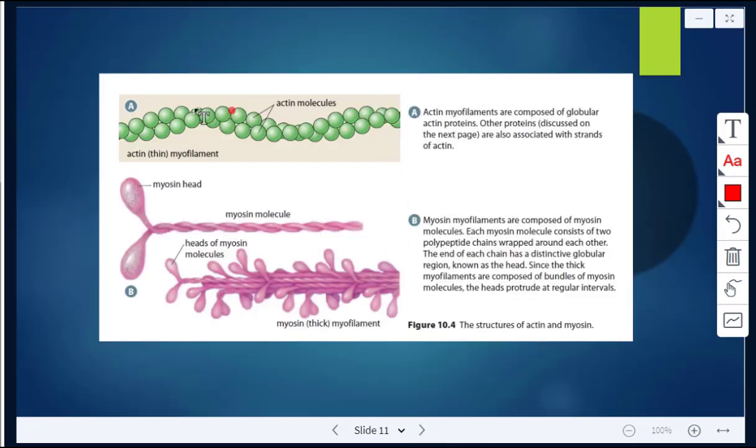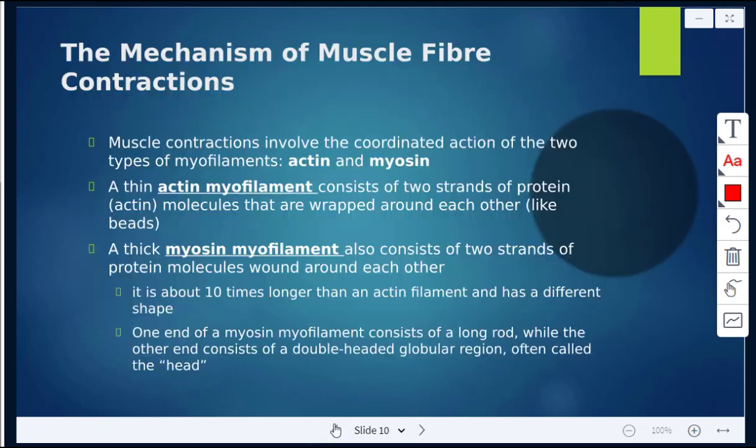Okay, so this is what the actin, or the thin myofilament, looks like. And then we have a thick myosin myofilament, and it also consists of two strands of protein molecules wound around each other. It's about 10 times longer than an actin filament, and it has a different shape.